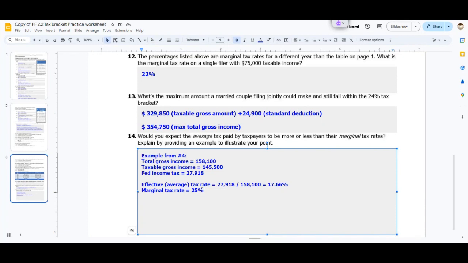So the effective rate or the average rate, you'll hear it referred to either way, is always going to be lower than the marginal rate. All right. So the average rate is always less than the marginal tax rate. All right. The marginal tax rate is just the highest percentage that they're taxed at. It's the last dollar that they're taxed at, but the average rate takes into account all of the dollars that fell into lower brackets, as well as the deduction that wasn't taxed at all.